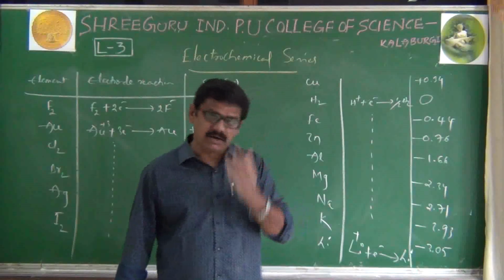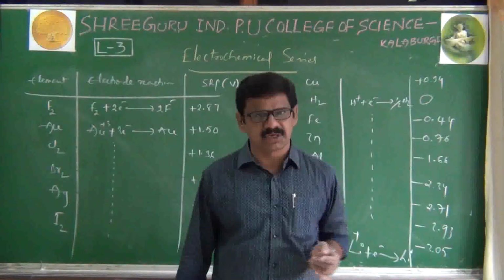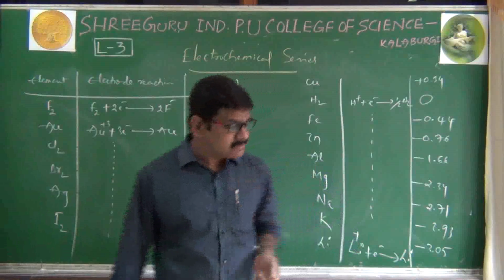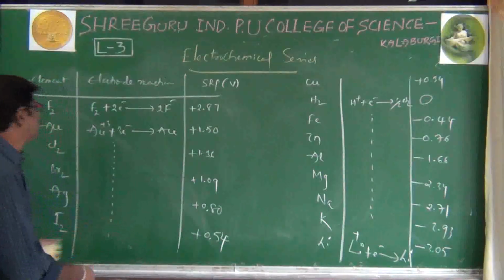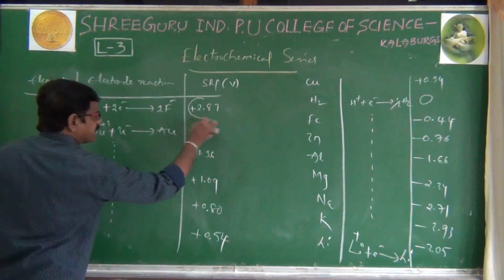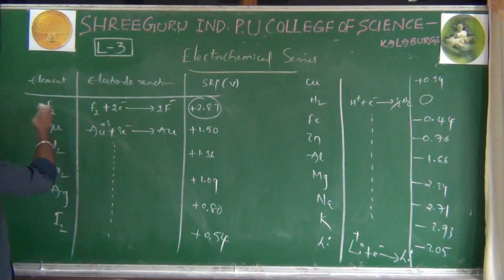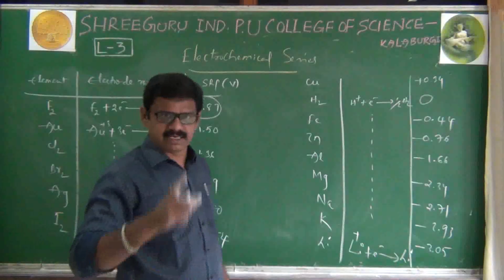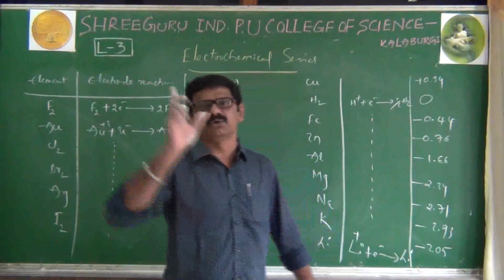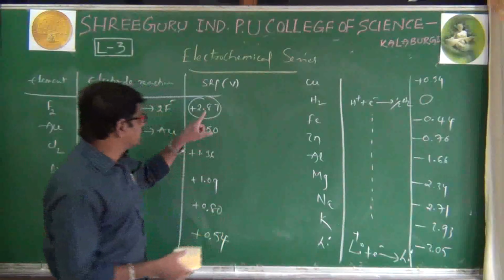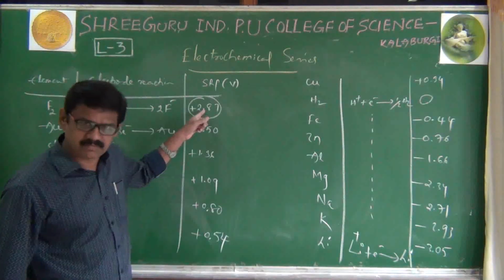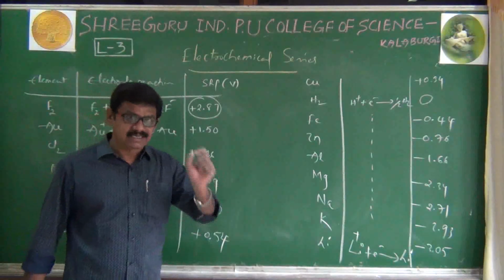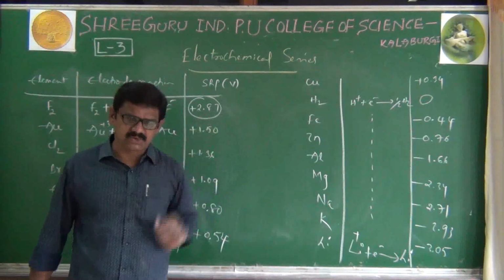Now, we will discuss some applications of this electrochemical series. First, if you observe, the highest reduction potential value is related to fluorine. Means in the electrochemical series, fluorine is the only element which always undergoes reduction. Very simple. If a reduction potential is more, it always tries to undergo reduction only.